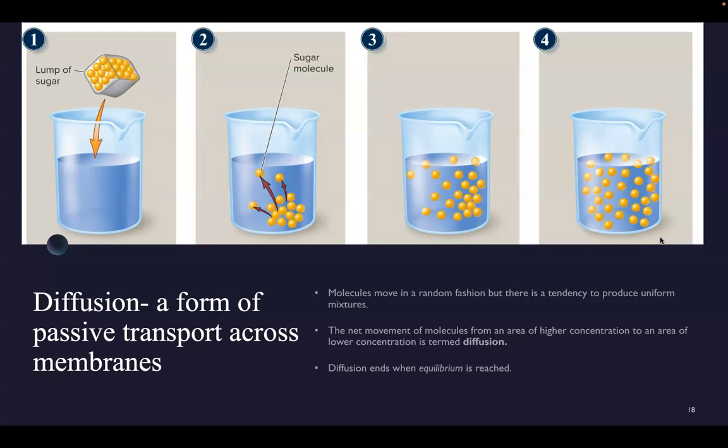When we're talking about diffusion, it's really just that molecules move in a random fashion, but there is a tendency to produce uniform mixtures. It's very simple. Everything wants to move from a high concentration to a low concentration until an equilibrium is reached. So here you can see we're putting in a high concentration of sugar molecules into the water.